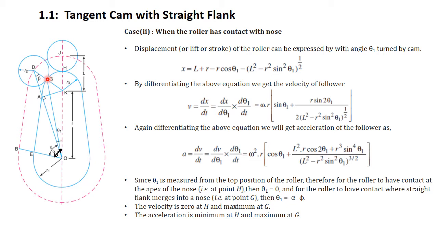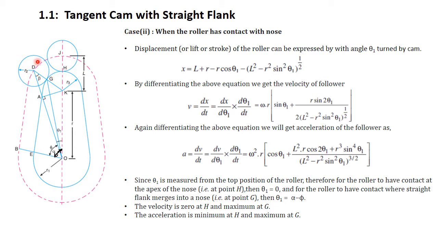So G is the point where the roller of the follower has contact with the nose, and the roller moves ahead on the surface of the nose, and the displacement is maximum at point H, right? So the roller has contact with the cam profile at point H.